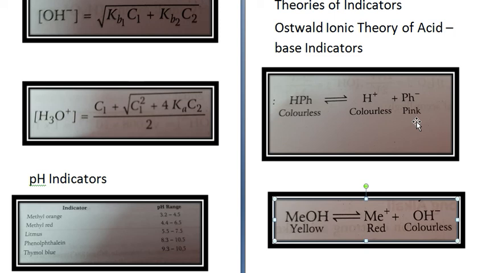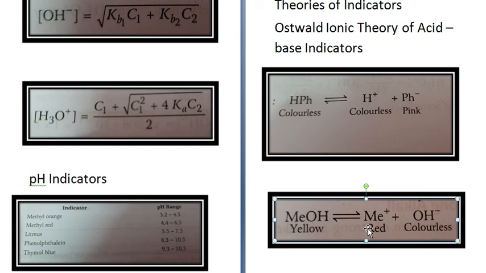Similarly, action of methyl orange. Methyl orange is represented as MeOH. Methyl orange is a weak organic base and undissociated molecules of methyl orange are yellow in color. But Me plus, the ion into which it dissociates, is red in color. OH minus ion is colorless. So the color changes from yellow to red.